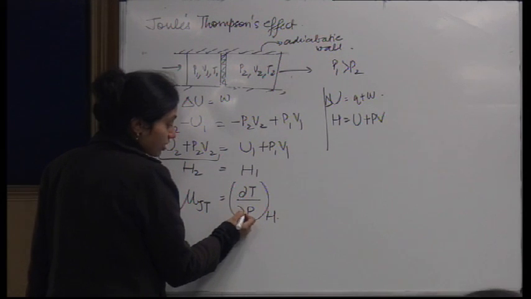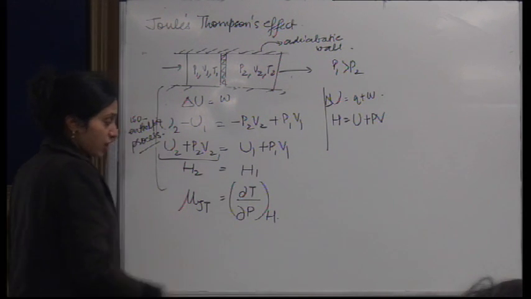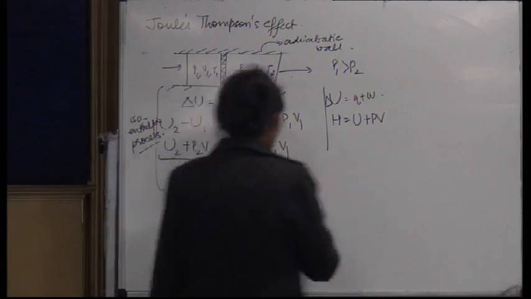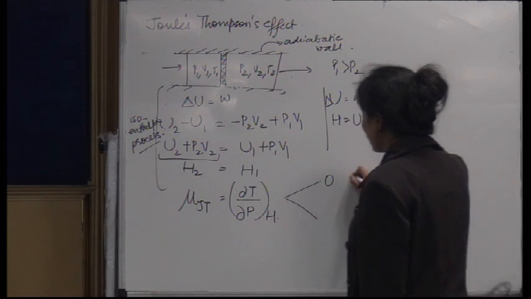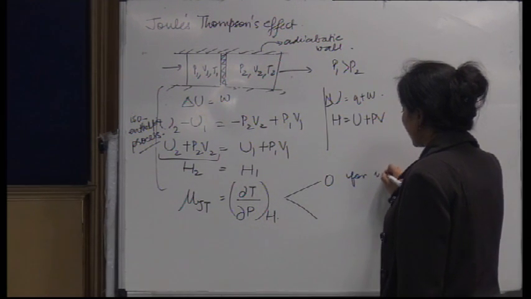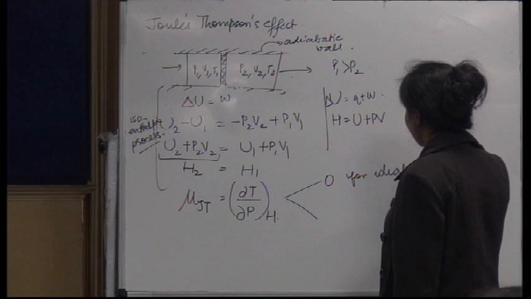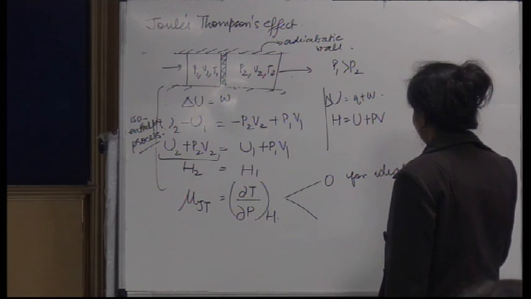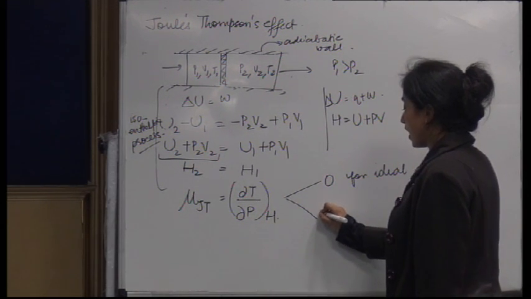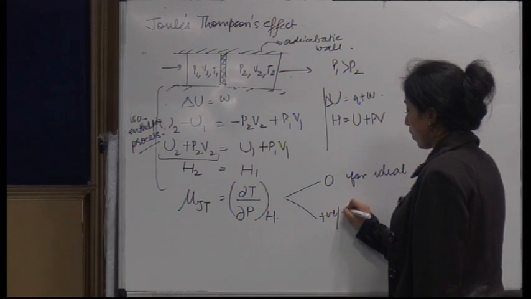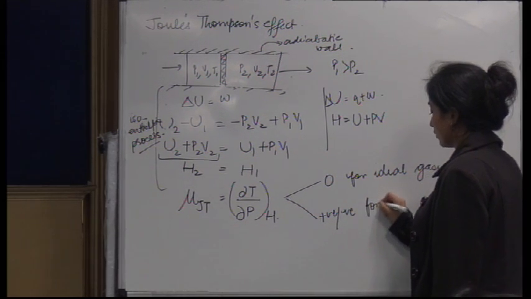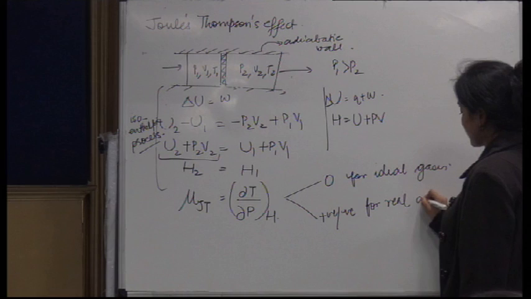So with respect to pressure, that's how the temperature is changing. And again, it is 0 for ideal gases and it is either positive or negative for real gases.